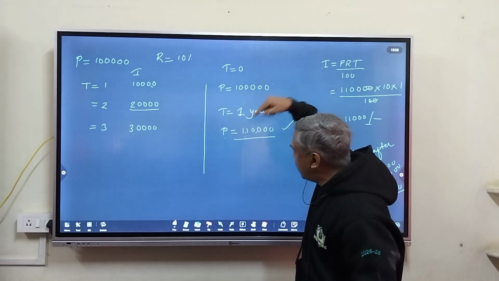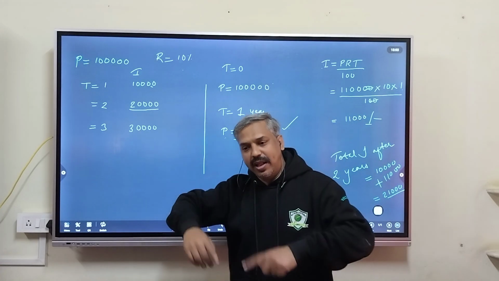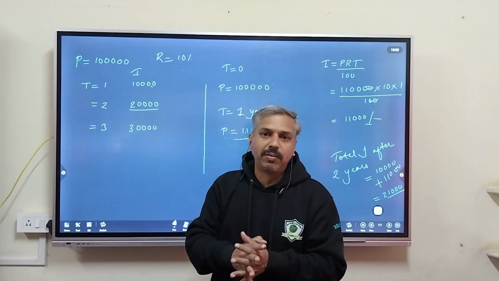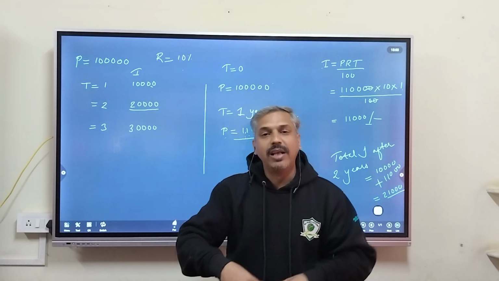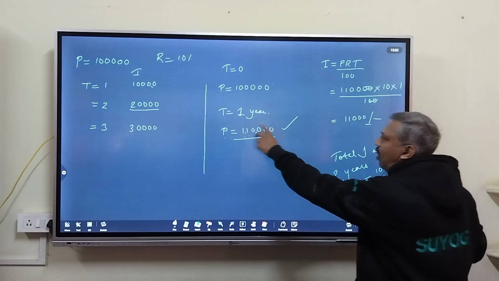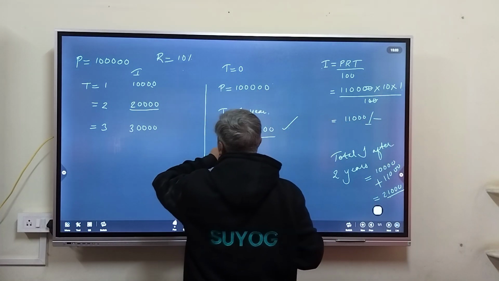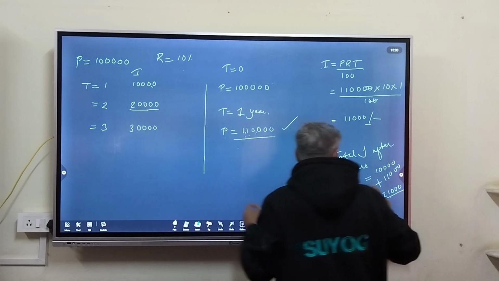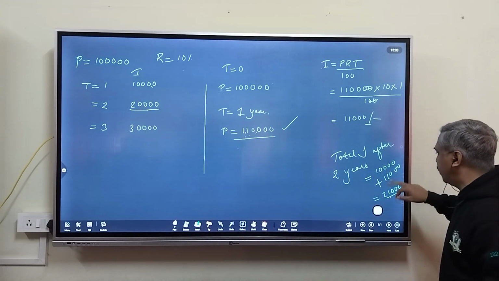So the interest is added to the principal, and the interest also becomes a part of the principal for the next year. As a result, the next year's interest is not 10,000. The first year's interest was 10,000. The second year's interest is not 10,000 here. It is 11,000.